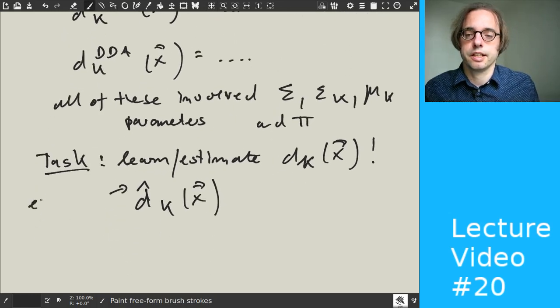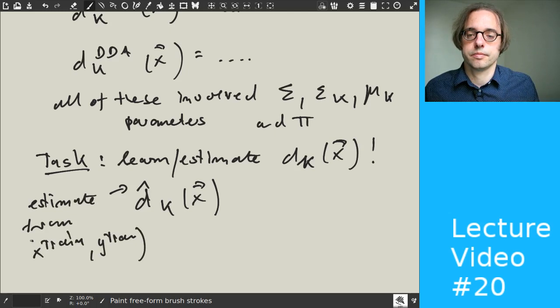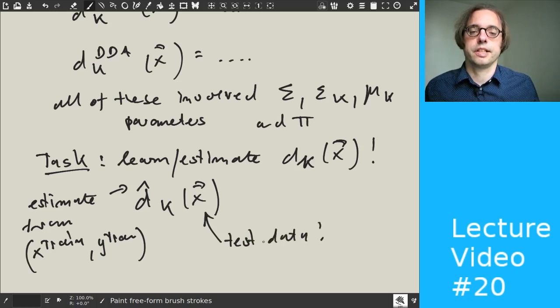So we estimate it from x train and y train, and this here is actually our test data. So the training data estimates the parameters of the discriminant function, and the actual value we put into this discriminant function is the test data.